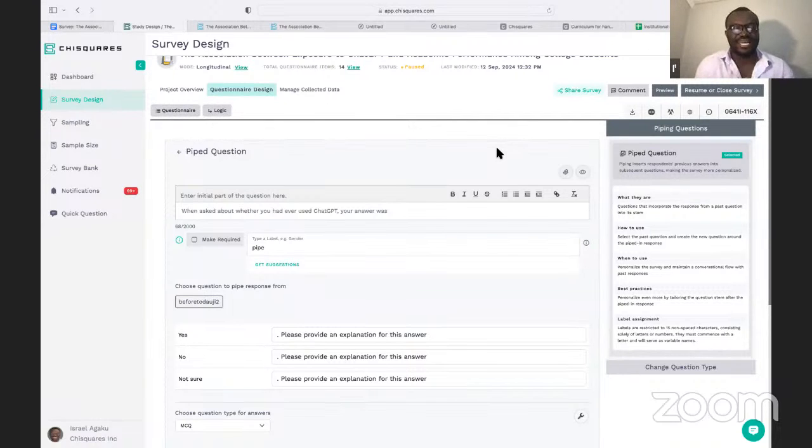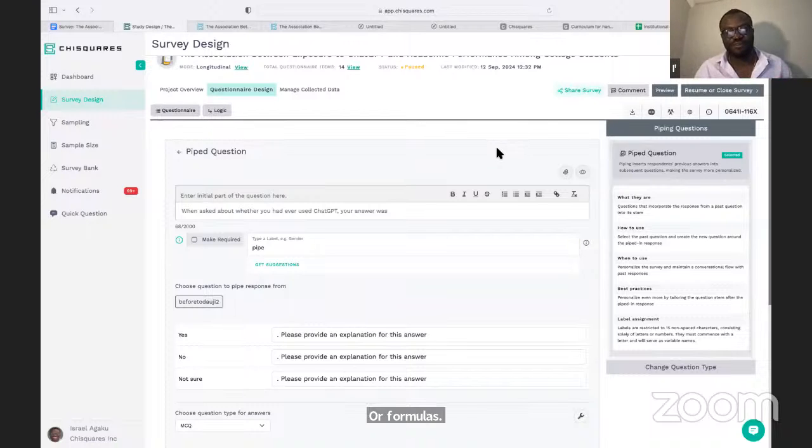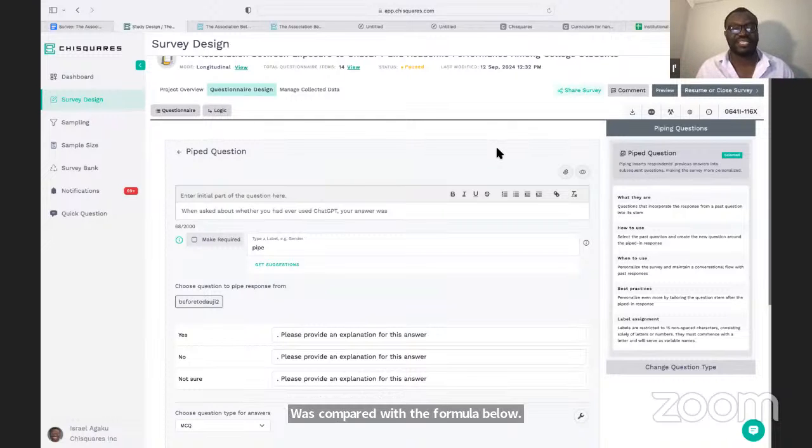Not everything in science has a name. These are fairly classic standard formulas. So you can just say the sample size calculation for the survey or whichever study you were doing was computed with the formula below, right? And that should suffice. And then you can provide what the parameters are for the formula. That should more than suffice for whatever use case you're trying to do.